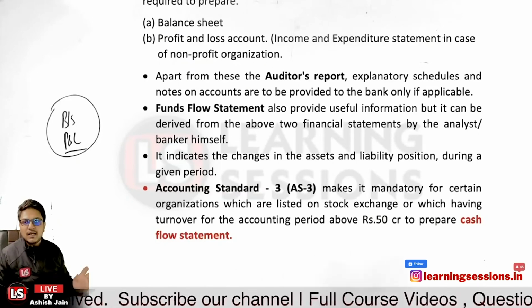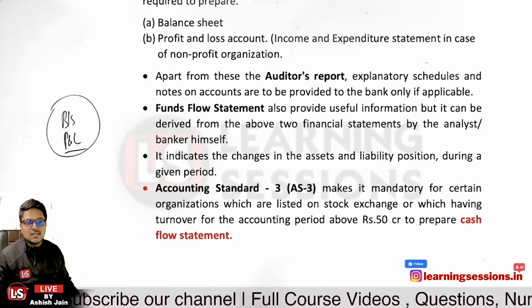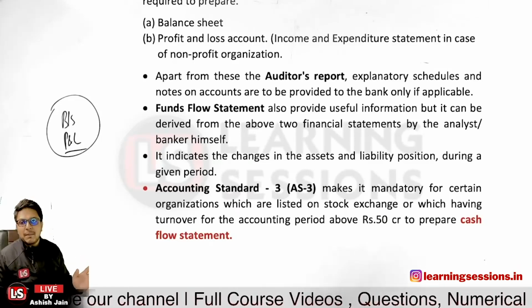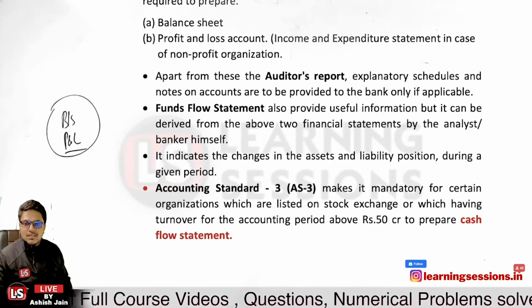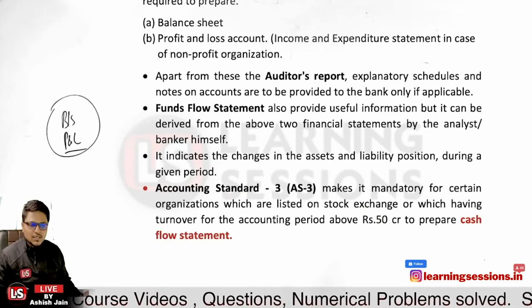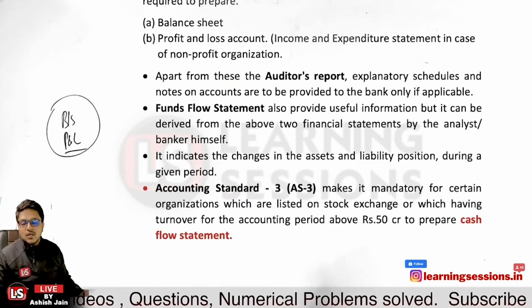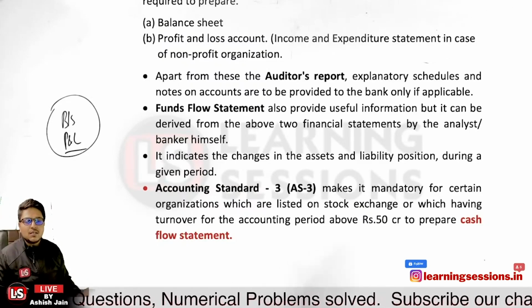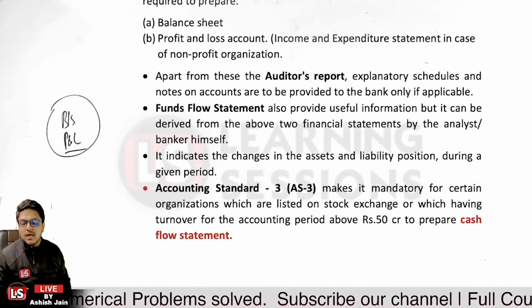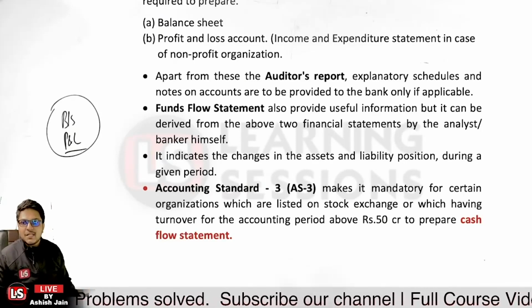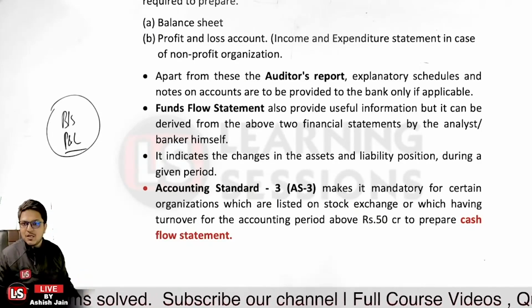And other than that, we have different accounting standards, which make it mandatory for some organizations. For which organizations? Those listed on the stock exchange, and those with a turnover for the accounting period above rupees 50 crore. They also have to prepare the cash flow statement, which is related to accounting standard 3.